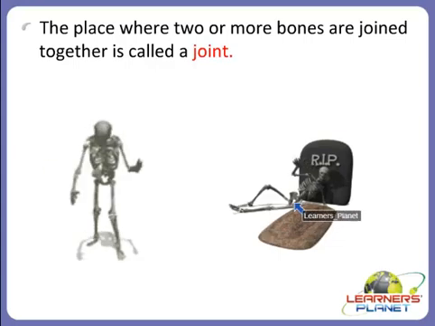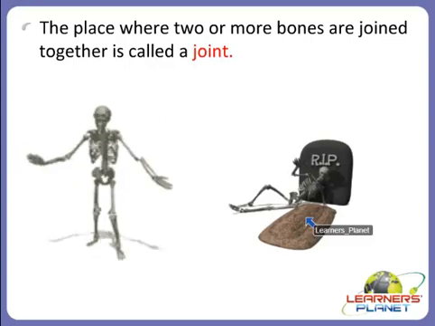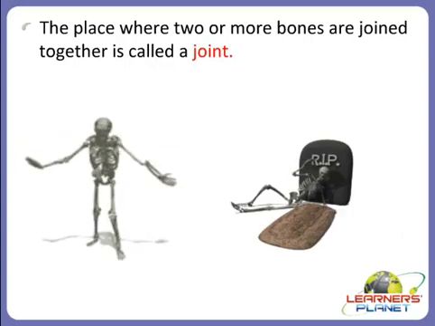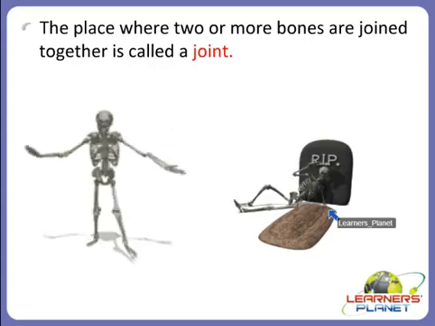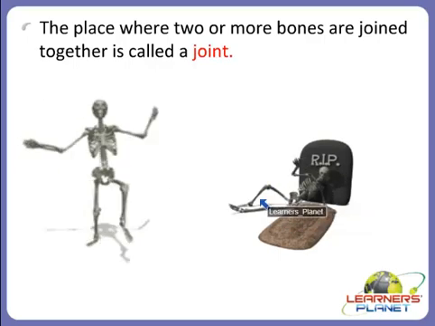Here is a shoulder joint. So the skeleton can bend itself around the joint. Here is also a leg joint.